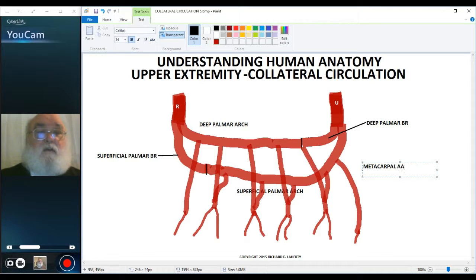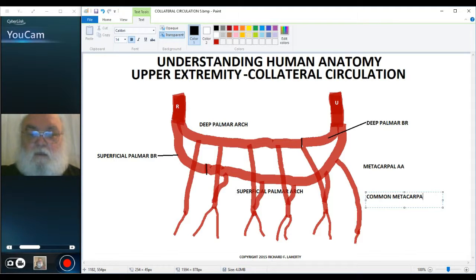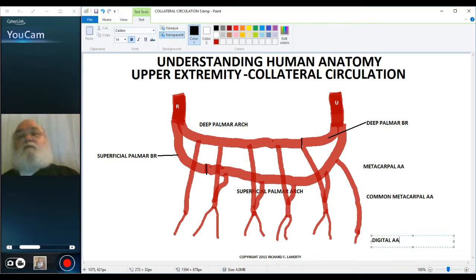Draw in the, and down here the digital. So, very rich collateral connections between the radial and ulnar arteries and the metacarpal arteries and digital arteries.